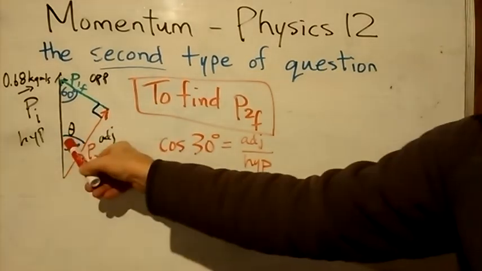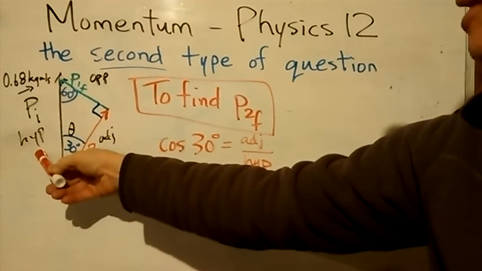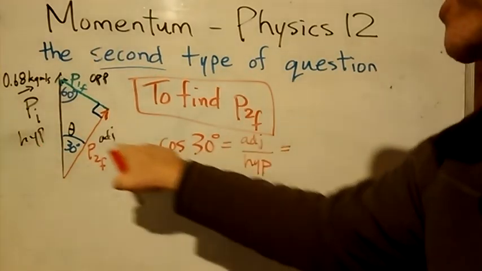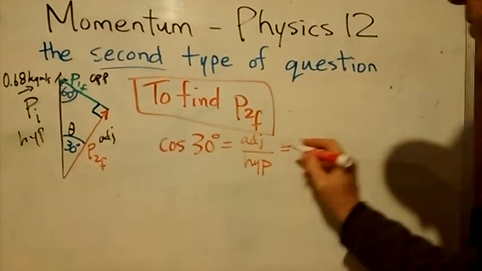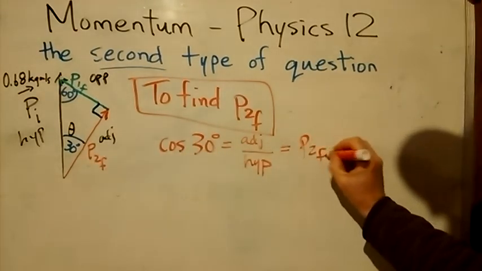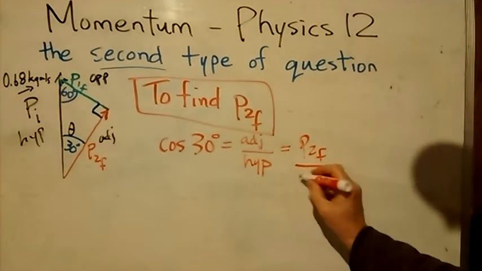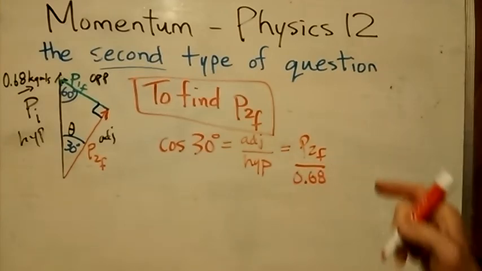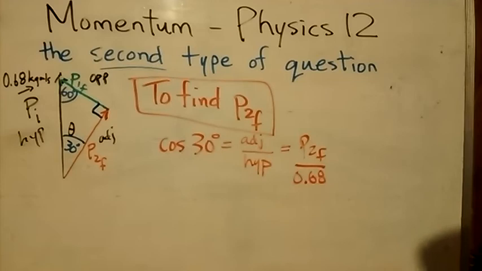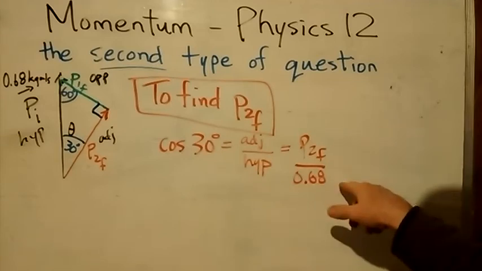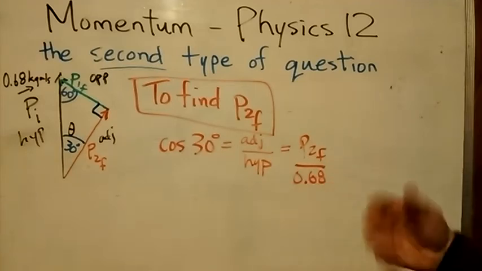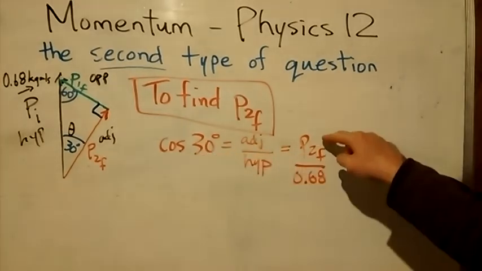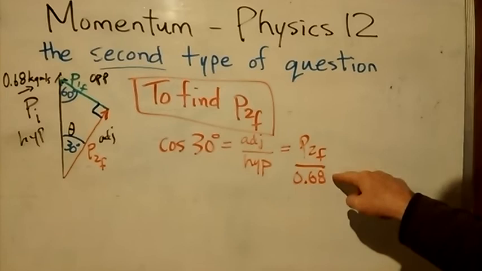So just cos 30 is adjacent over hypotenuse, which is adjacent P2F over the hypotenuse, which is 0.68 kilogram meters per second. Remember, if we keep the units as kilograms and meters and seconds, our final velocity will end up being in meters per second. So we've got cos 30 is equal to P2 final over 0.68.